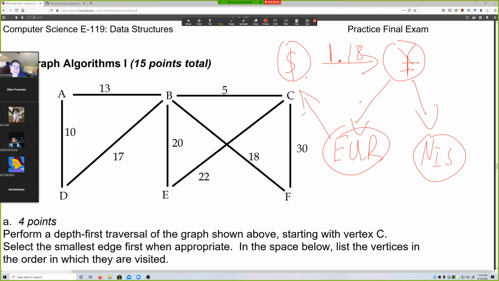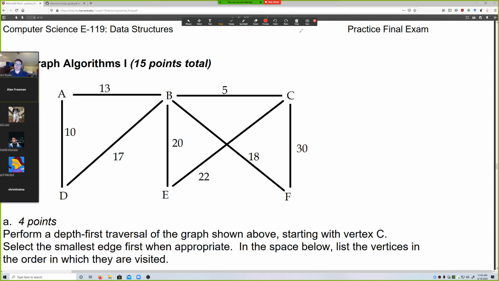So it's not really negative weights, but negative weights do happen just simply when there's a cost. I mean, my personal example of a zero weight is going from Philadelphia to Camden across the Benjamin Franklin Bridge, right?